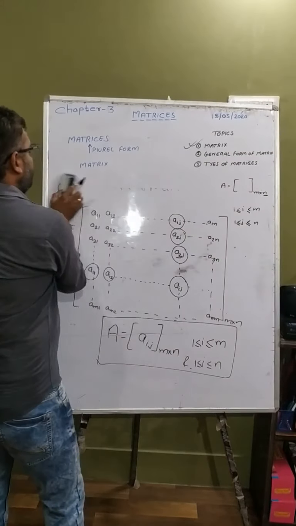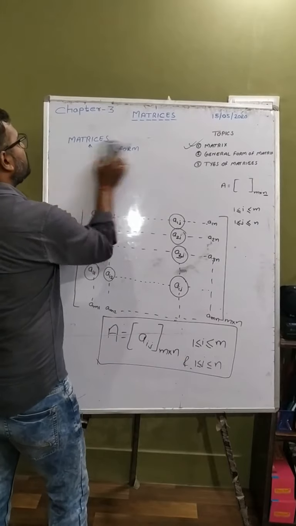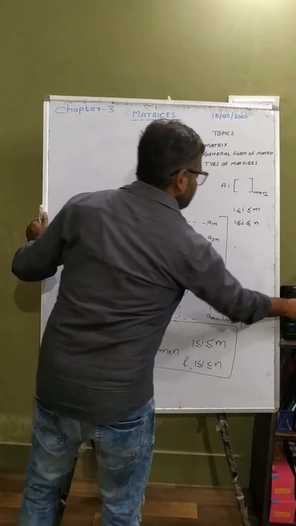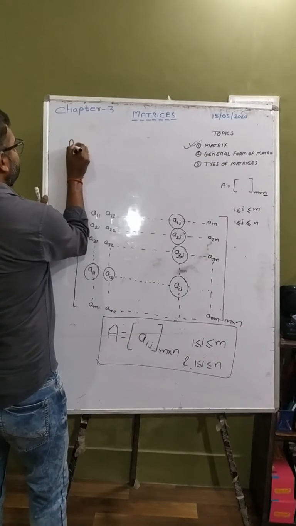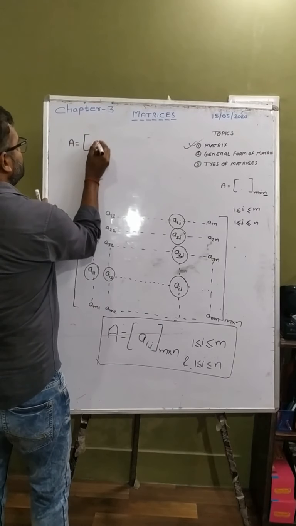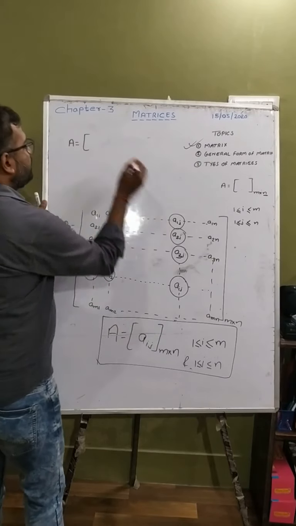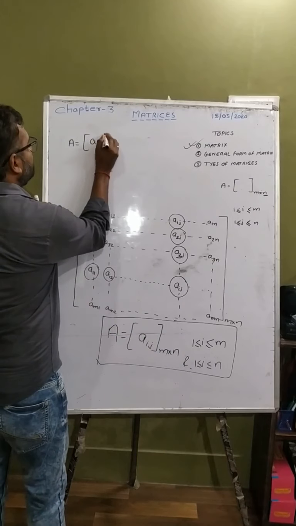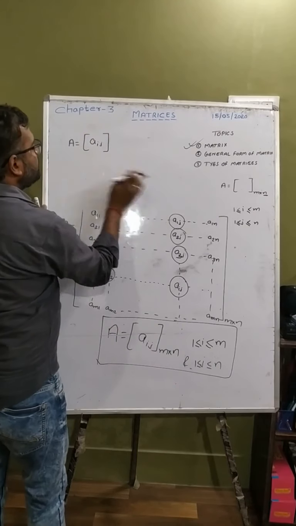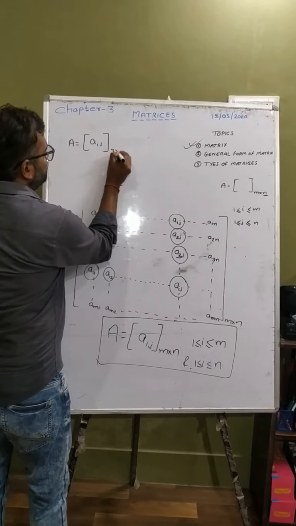This is the representation of how the question will be asked to you. It will be given like this: if A is a matrix whose elements are denoted by Aij and the matrix order is 3 by 2.